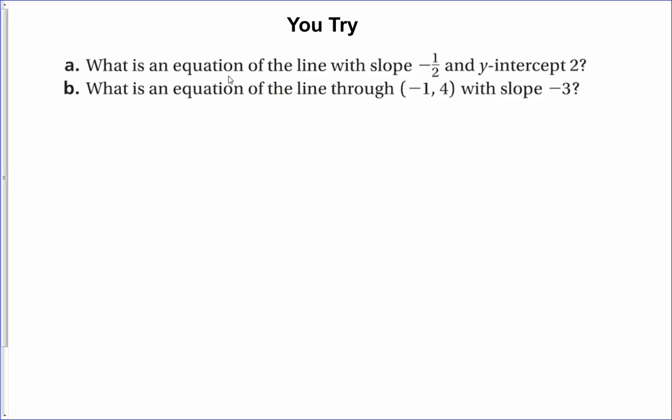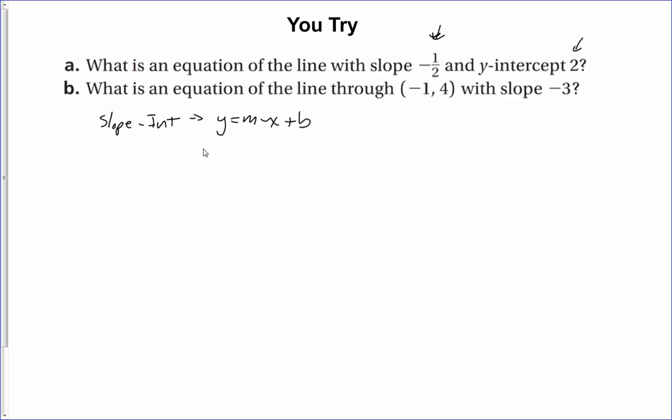Alright, so let's look at our first one. We have a slope of -1/2 and a y-intercept of 2. Since we have our slope and our intercept, we're going to use slope-intercept form for this one, which is y equals mx plus b.